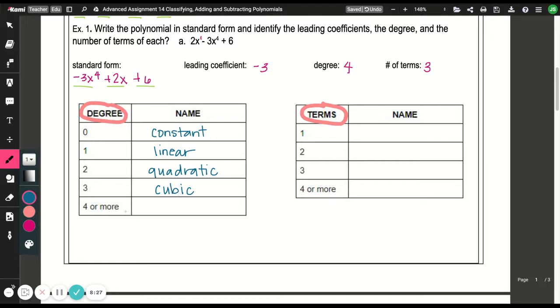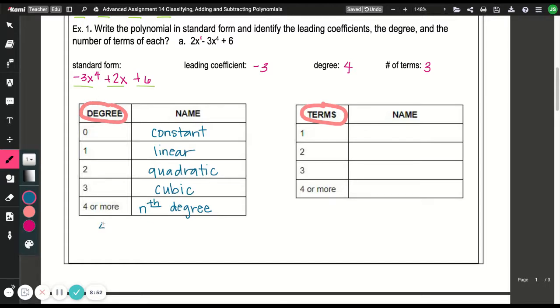Okay, so 4 or more. Some texts, some curriculum, just say an nth degree. So for example, this one, they would just say a 4th degree. If the highest exponent or the degree was like a 6, they would say a 6th degree.